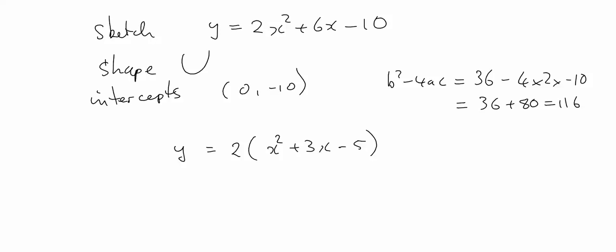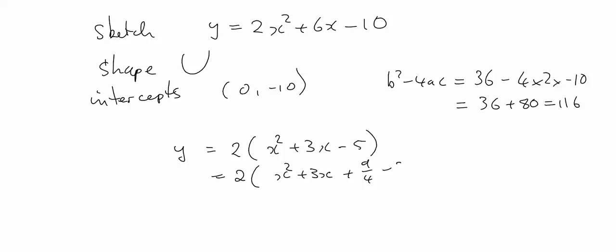Now to complete the square on that quadratic inside the bracket, we'll have x squared plus 3x, and then halve the coefficient of x, 3, to make 3 over 2, and square it to make 3 over 2 squared, which is 9 over 4.